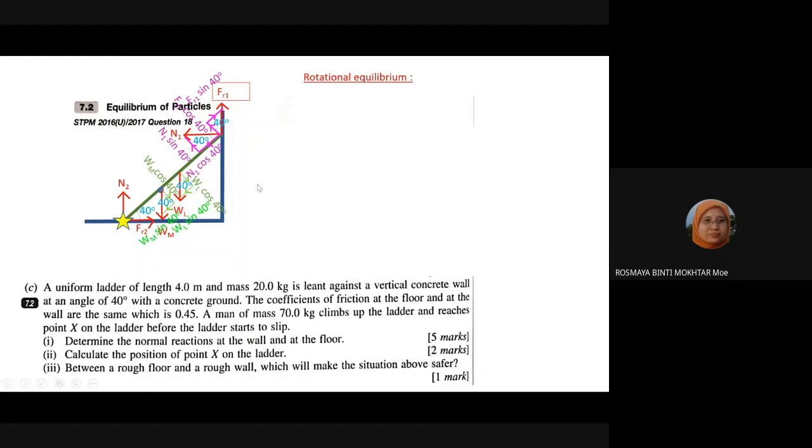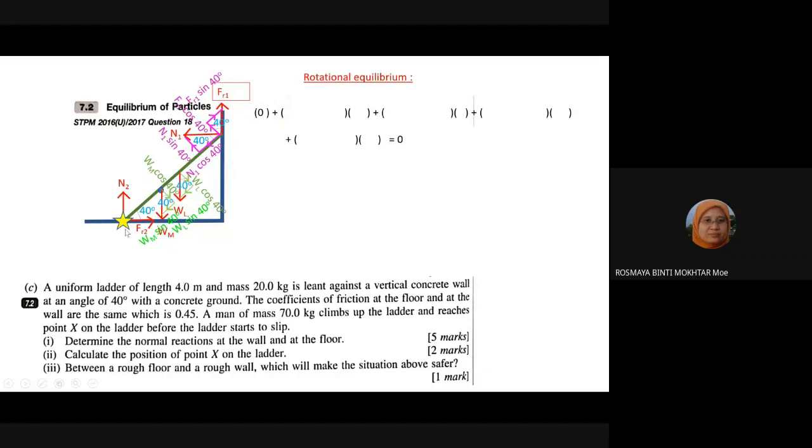Okay, so for rotational equilibrium, altogether, how many forces? We have FR1, N1, WL, and WM. So all 4 forces, including N2 and FR2, which are both at the fixed point. The chosen point here is a fixed point, so that means they will be times 0.